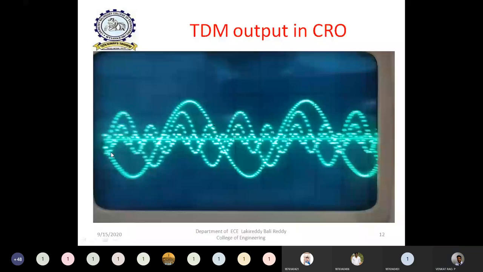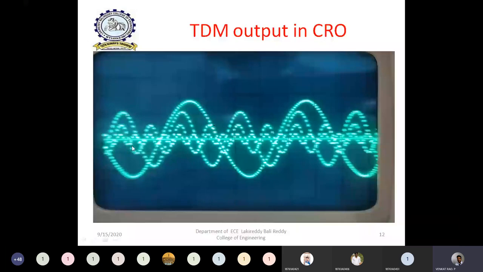time period. Now, if it is asked to find the time interval between two successive samples in the TDM output, what does that mean?